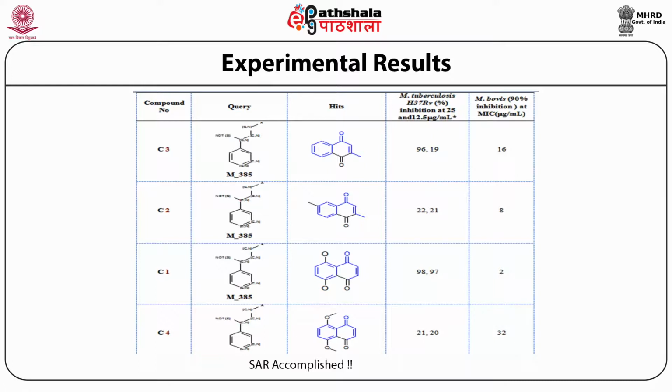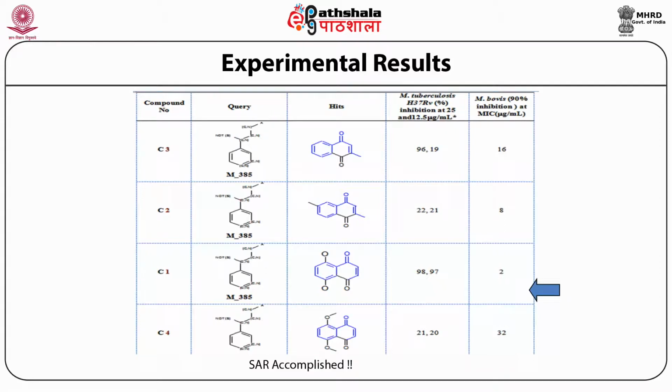We figured out the best compound is C1. That means it has 98% inhibition of H37Rv, which is a pathogenic mycobacterium. In addition, it inhibits almost 90% at a very low 2 microgram per ml.